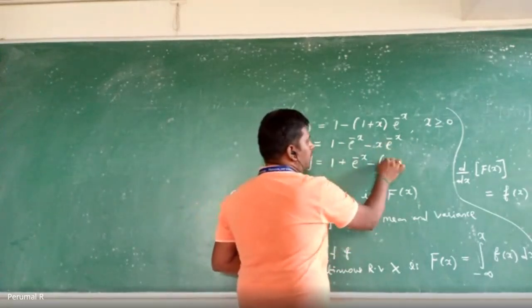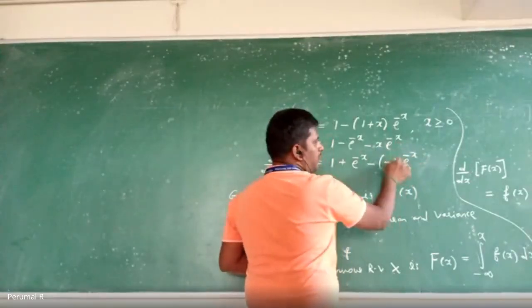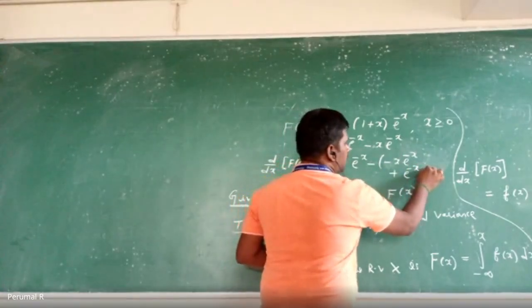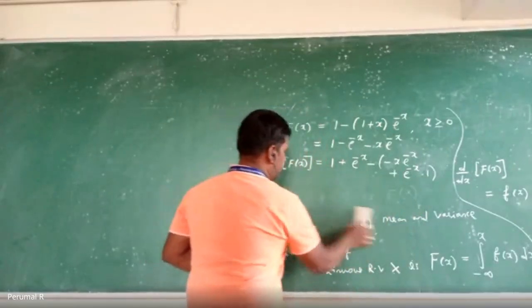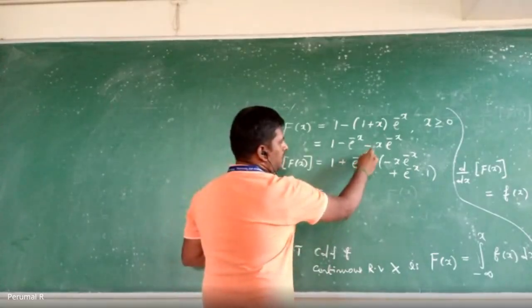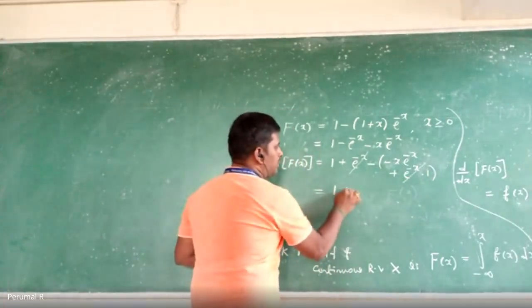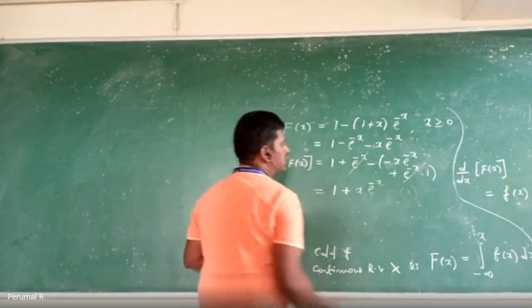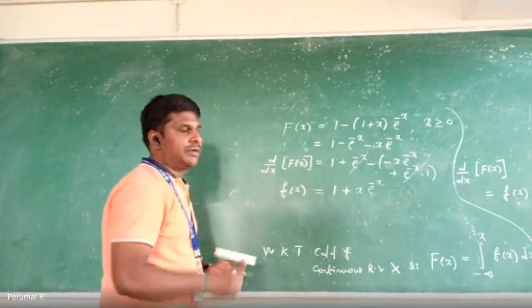Keeping u and differentiating v, we get e power minus x, then the differentiation of x is 1. Now simplify: this is plus, this is plus, this is minus, that cancels. Therefore, you are getting 1 plus x into e power minus x. So this is nothing but small f of x.